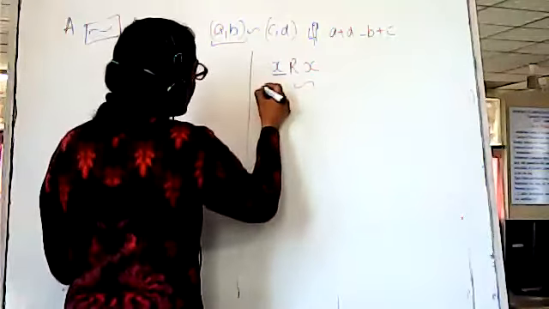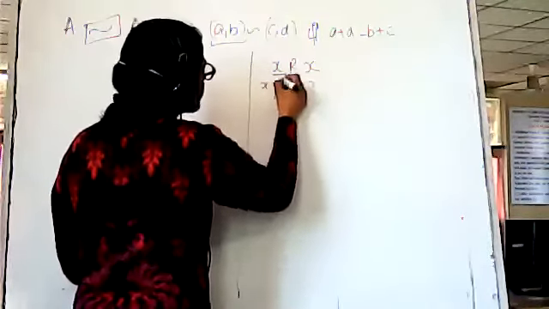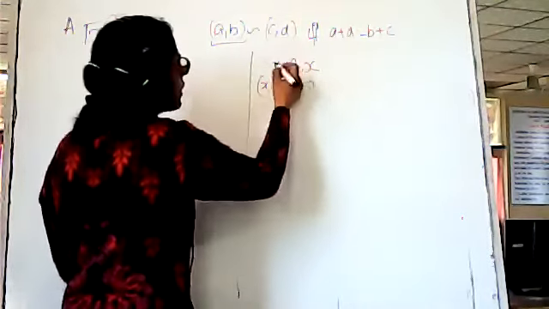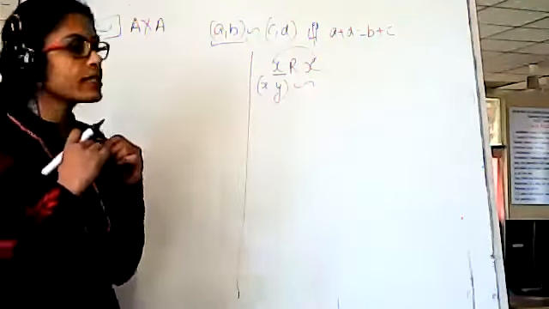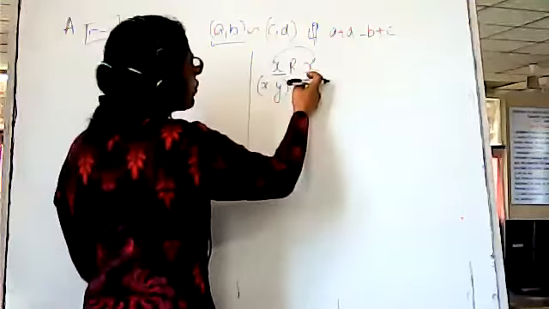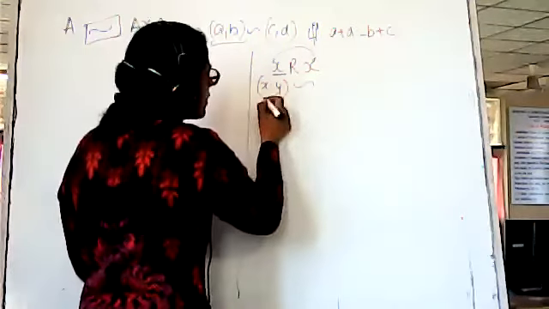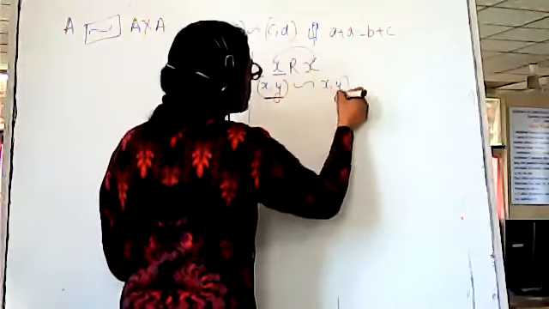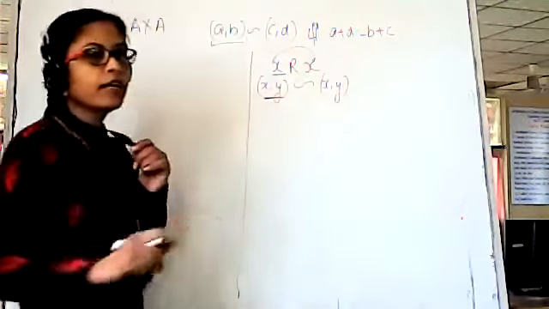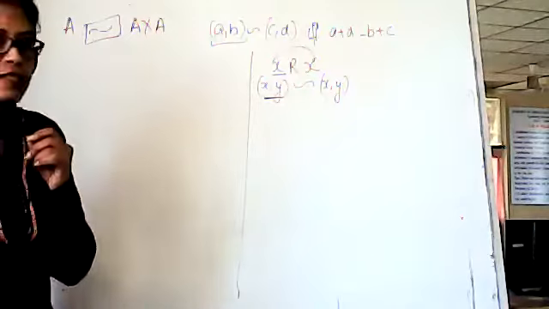So what we will prove is that if ordered pair (x, y) is related to itself, then the relation is reflexive.